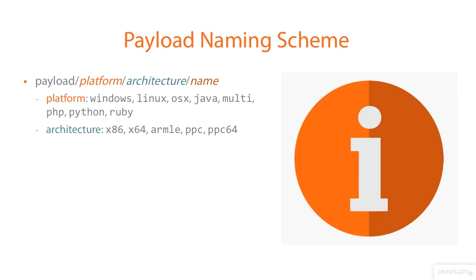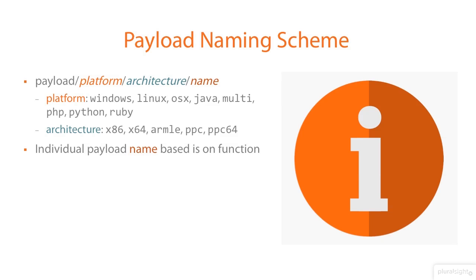There are also others. There is one exception to the rule. Windows payloads for 32-bit architectures do not have an x86 architecture specified in their full path. There's one for the 64-bit x64 payloads, and I suspect it's a legacy thing.